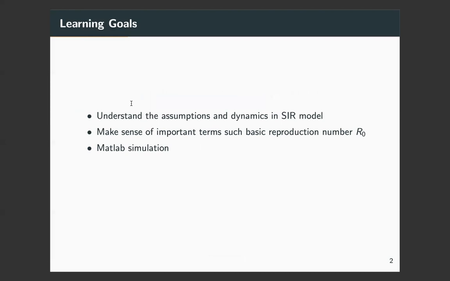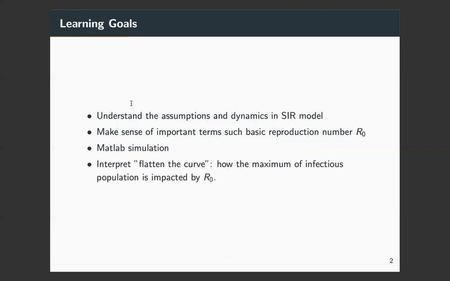Thirdly, we'll show how to use MATLAB to do simple simulation based on the SIR model. And lastly, we would like to emphasize the commonly heard term flatten the curve. And in particular, we'll see how the maximum of infectious population is impacted by R0.